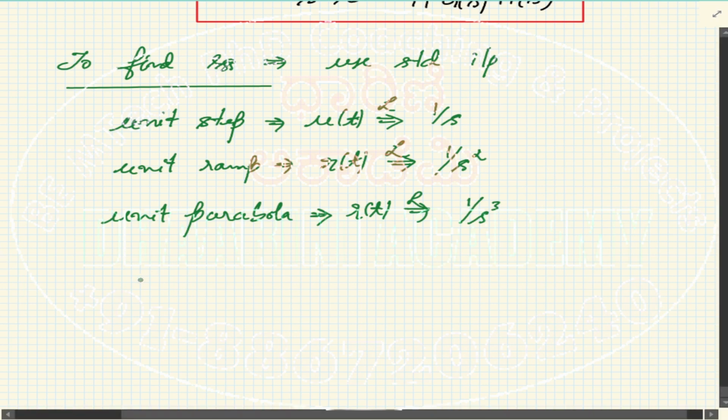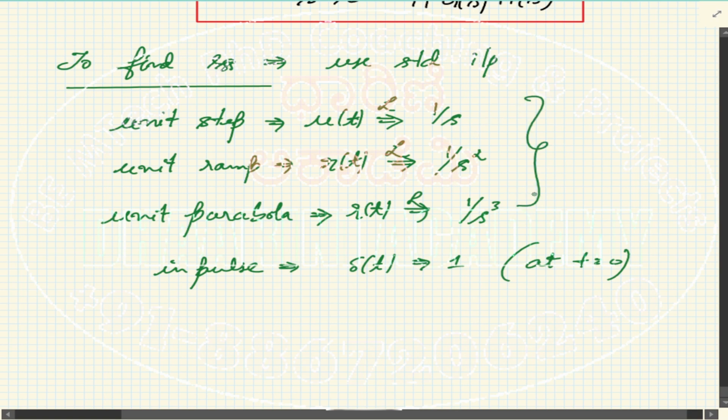So also we might use the impulse if required, because in signals and systems we studied the impulse response denoted by delta of t. It is at a specific point, say t equal to 0, defined only at one. So we have to use all the three signals.